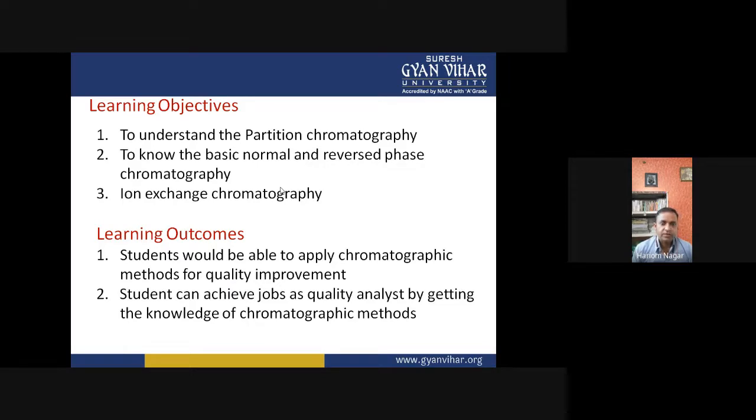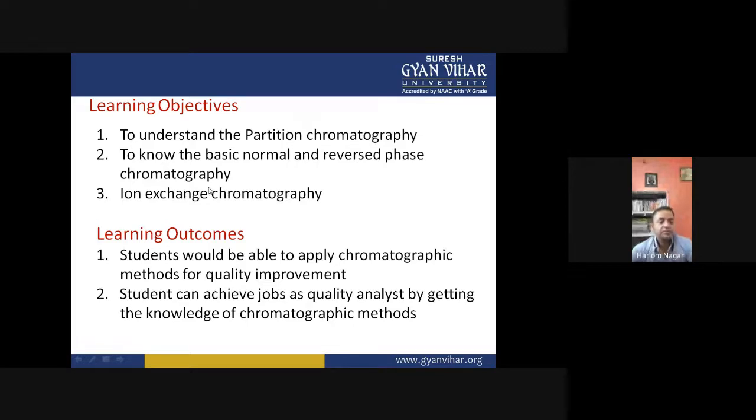Because the stationary phase is present just in the column, right? We also need to know the basics of normal and reverse phase chromatography and ion exchange chromatography. What are the basics of ion exchange chromatography?